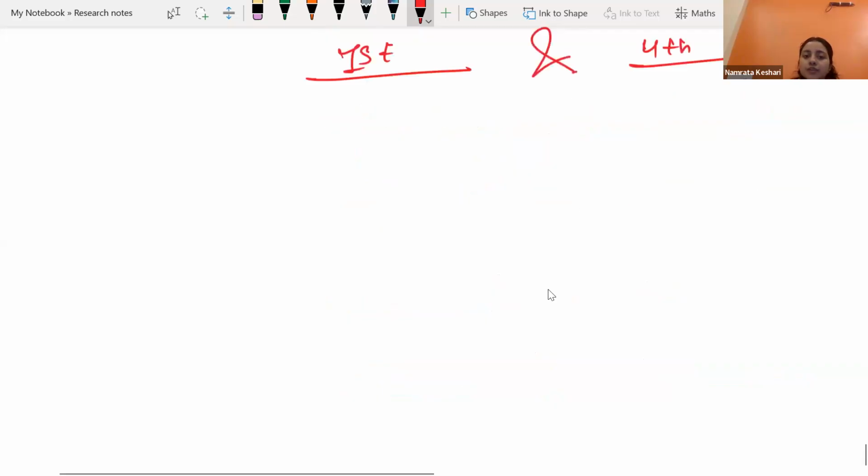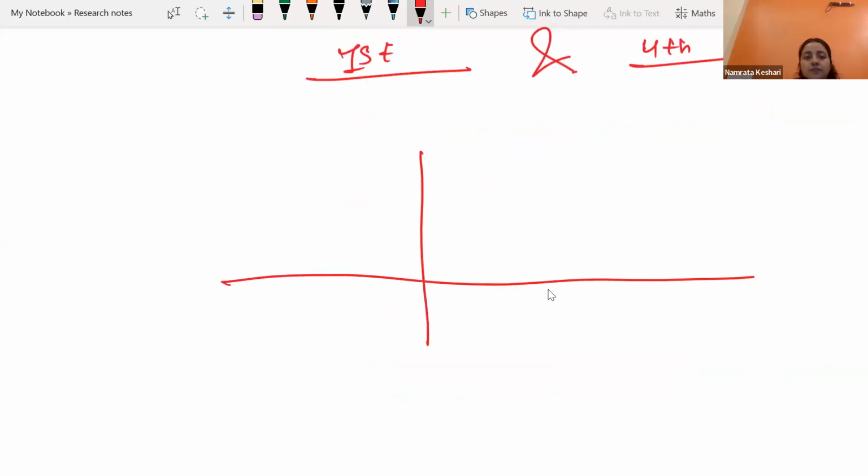Now do you know that when we draw coordinate axes, the Cartesian system, this much is 90, this much is 90, this much is 90, and this much is 90, you know that, right? Yes, ma'am.